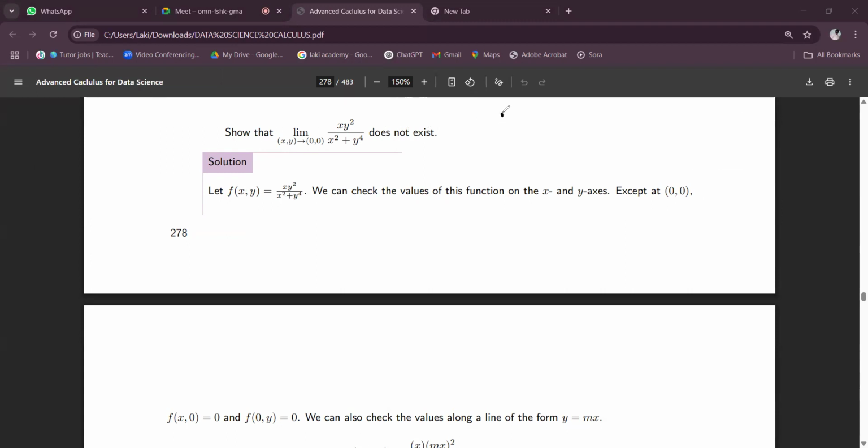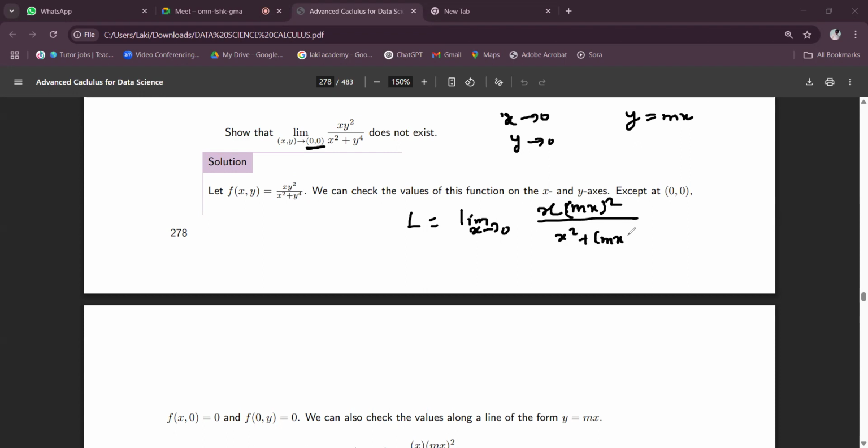See this. x is going towards 0, y is going towards 0. So y is equal to mx, right? When you put it here, suppose this is L, this is x cube.